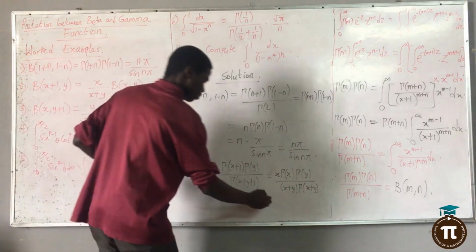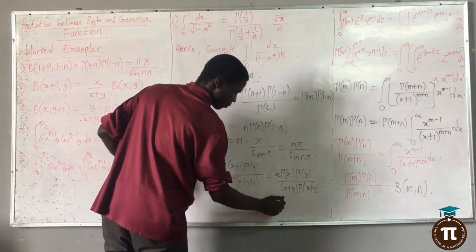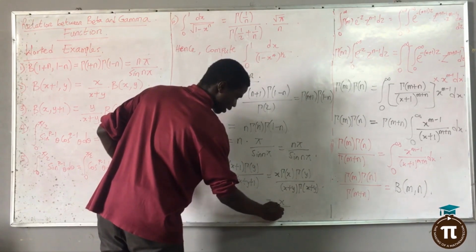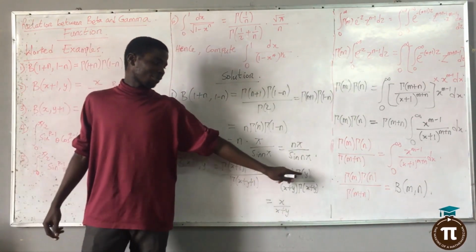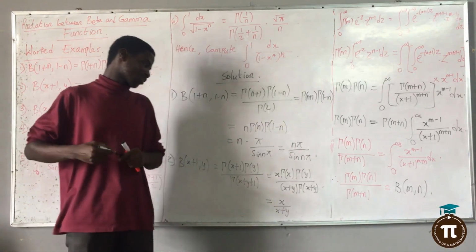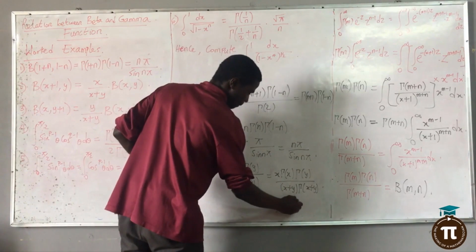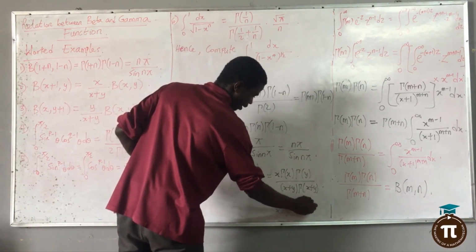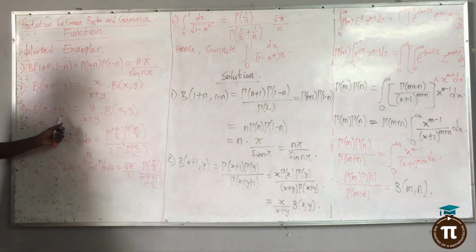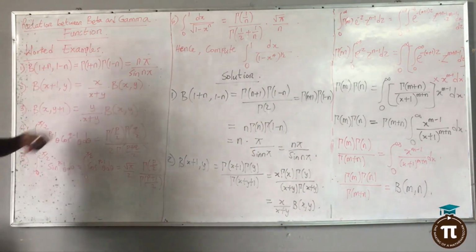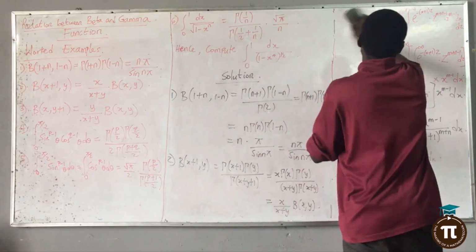So this will just be equal to x over x plus y, times gamma of x, gamma of y over gamma of x plus y. That's just x over x plus y times beta of x comma y. That is what it will be. I've done number 2 that way. Now number 3.